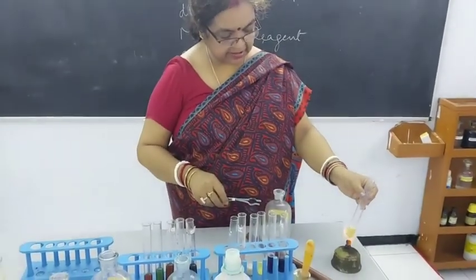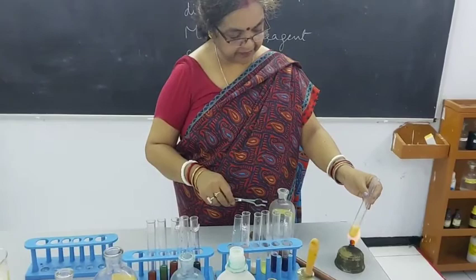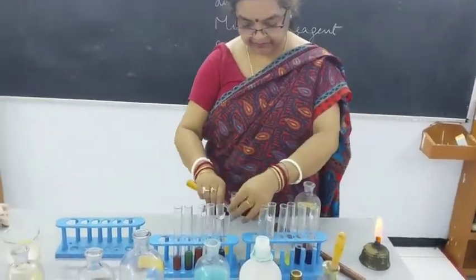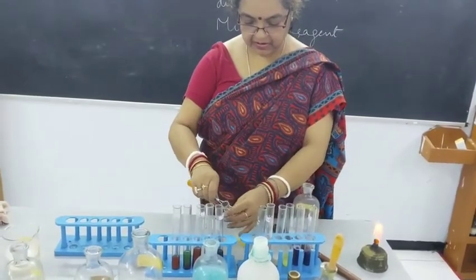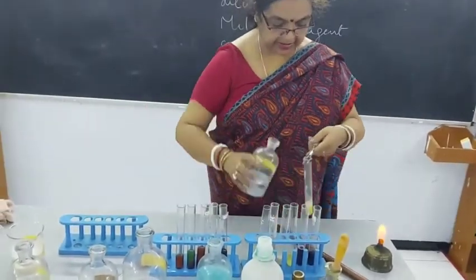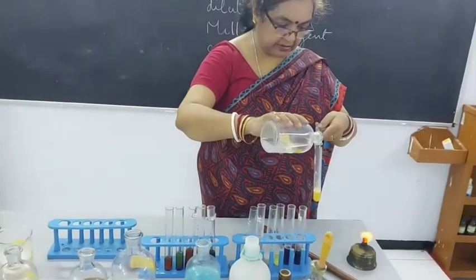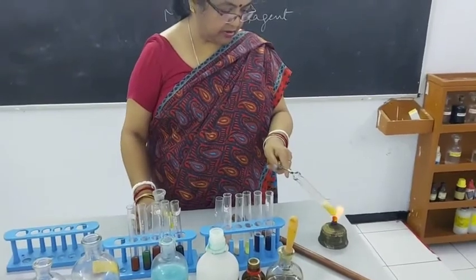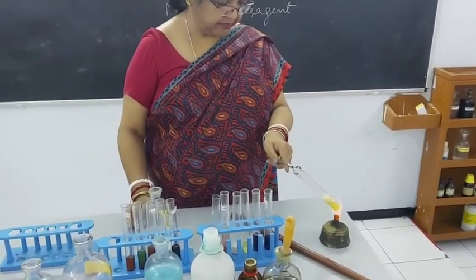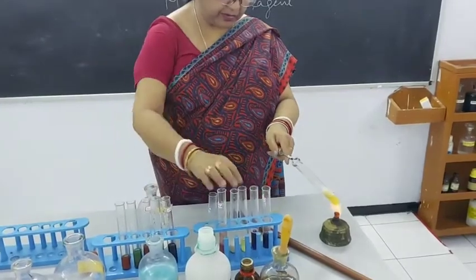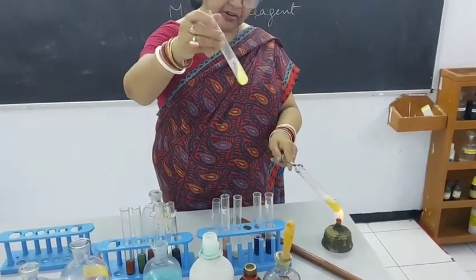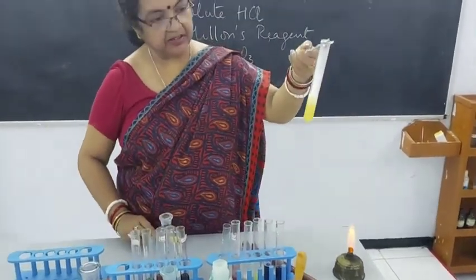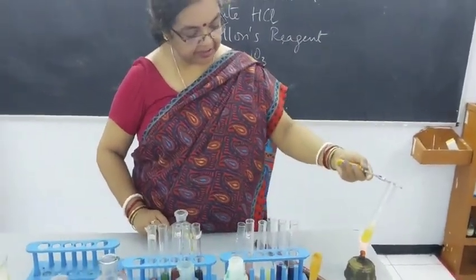You can see the color is changing to yellow. Now we will add to this ammonium hydroxide. You will see that the color will change to dark yellow or orange, and again heat it a little bit. So we get this type of color. Already we have performed it, and here we get dark yellow color. So that is the xanthoproteic test for proteins.